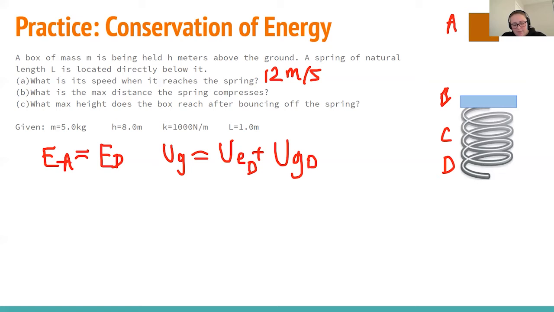So again, I'm using my subscripts. This is my initial conservation of energy equation. Breaking it down, we have mgh at A is equal to 1/2 kx squared at D, and that's our compression equation.